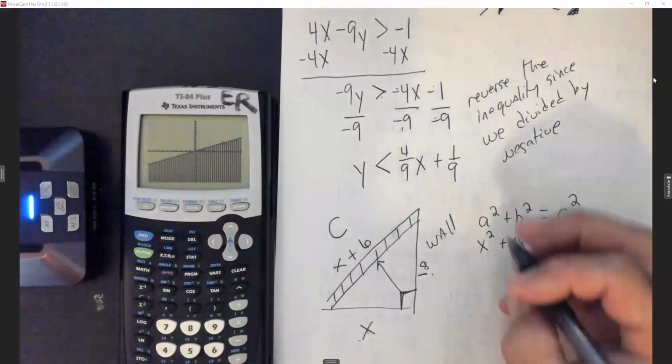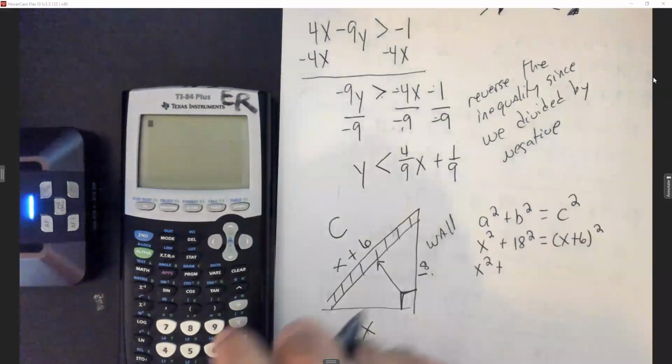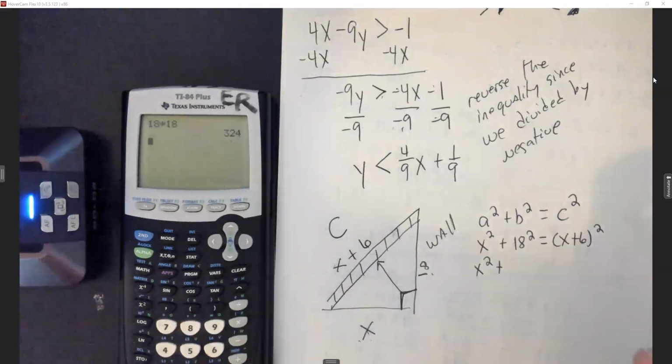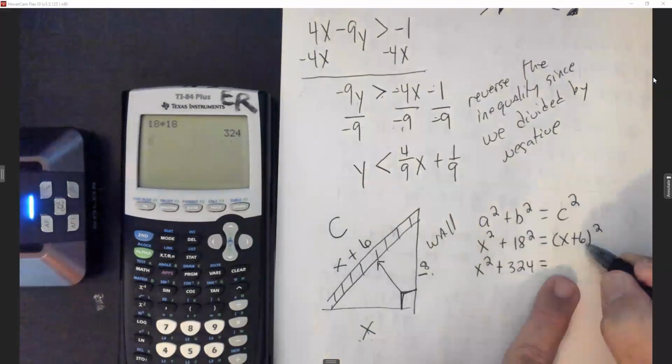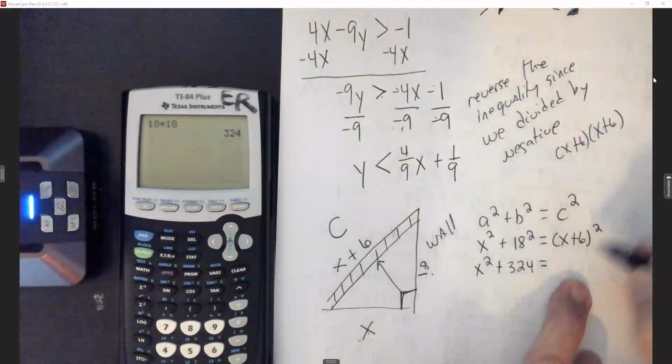X squared I can't do nothing with. 18 squared, let's see, 18 times 18 is 324. That's going to equal x plus 6 squared, so let's multiply that out. So remember, anytime you got parentheses with an exponent, write it twice in FOIL.